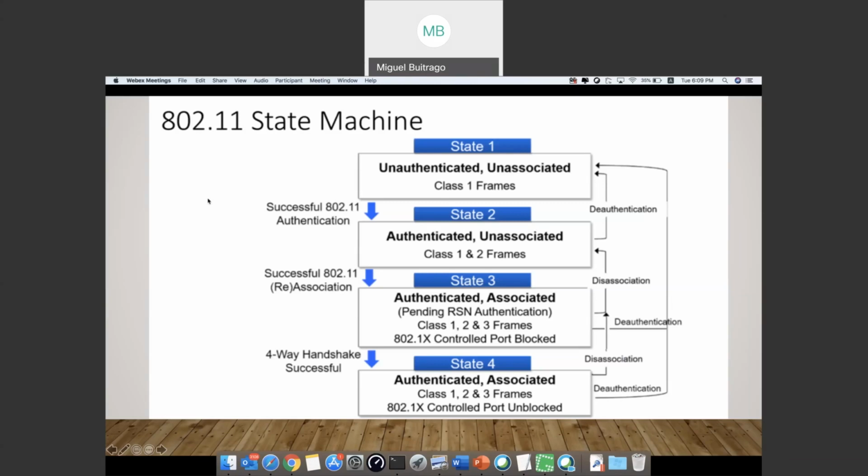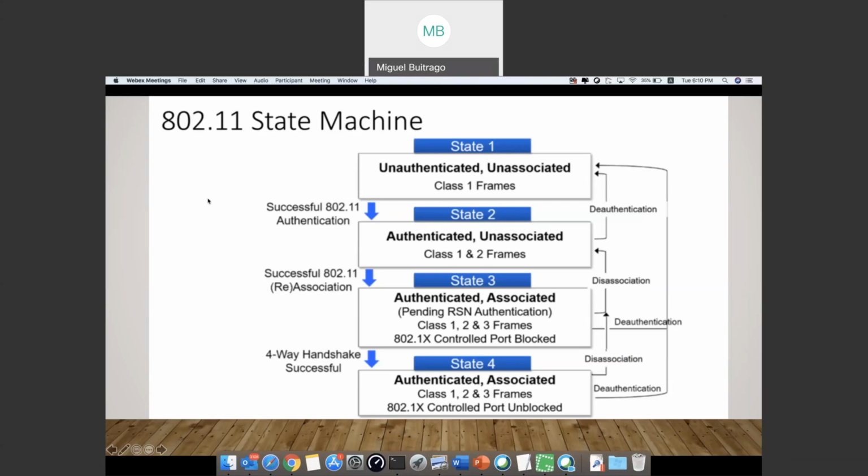But what happens if the client gets successful 802.11 authentication? This brings it to state 2, but only with successful 802.11 open system authentication. Please don't confuse it with RSN authentication.